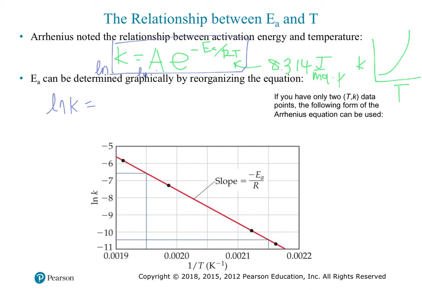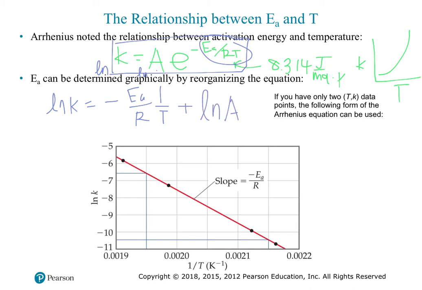So I'm going to do the exponential first. The natural log of an exponential just cancels it out. So we get negative activation energy over R, and I'm just going to write 1 over T here, putting all of this out front. And then plus the natural log of our frequency factor.